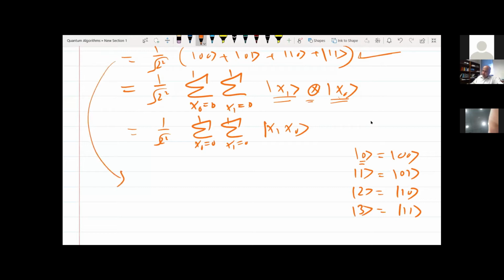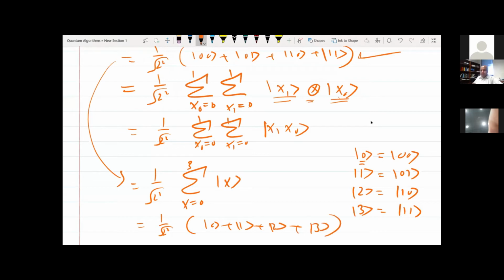Then I can write this state as 1 over 2 times the sum over x going from 0 to 3 of x, because this is nothing but 2 to the power of 2, with 0 plus 1 plus 2 plus 3. This is just the shorthand notation for this thing.